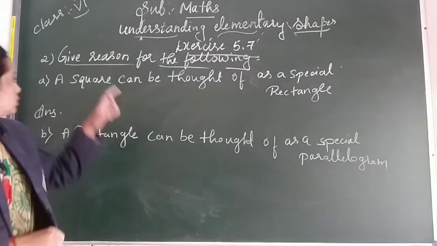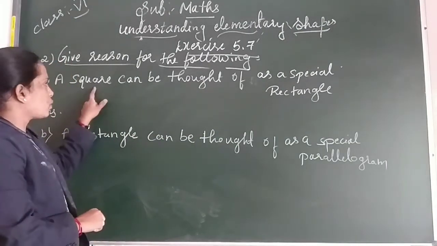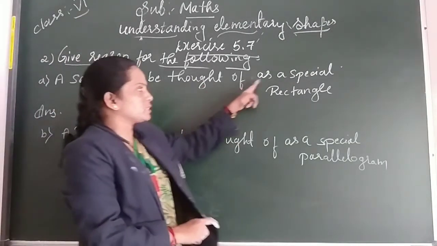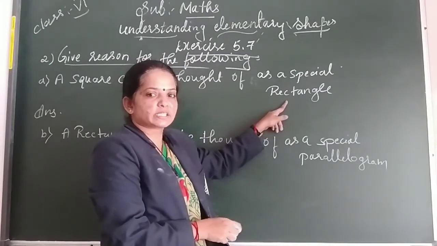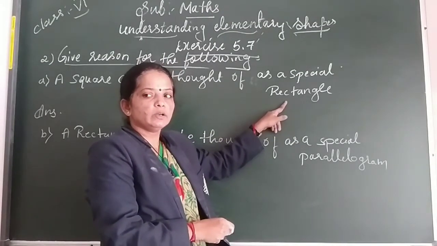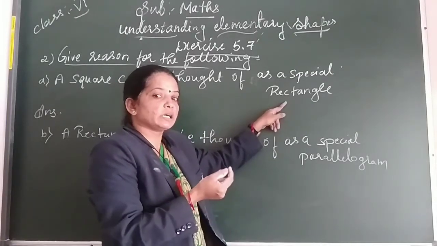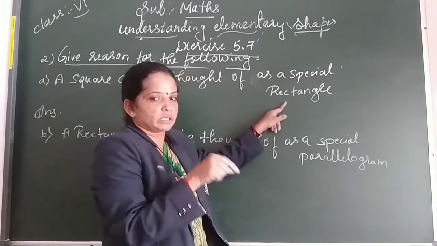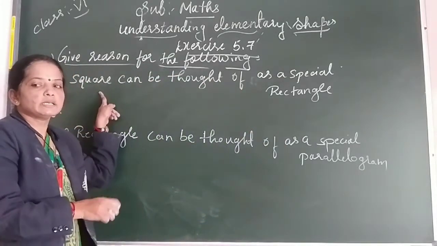Second, give reasons for the following. First one: a square can be thought of as a special rectangle. What reason can we give here? In a rectangle, all the opposite sides are equal in length. If all the sides of a rectangle become equal in length, then we can call it a square.